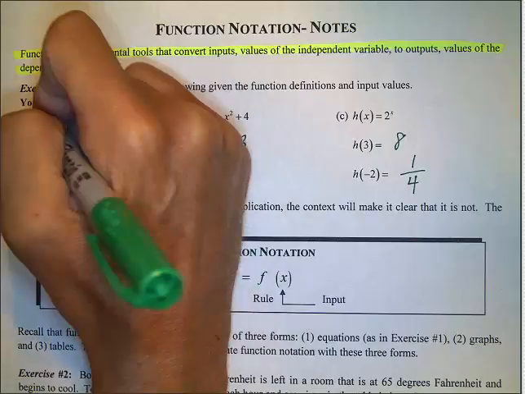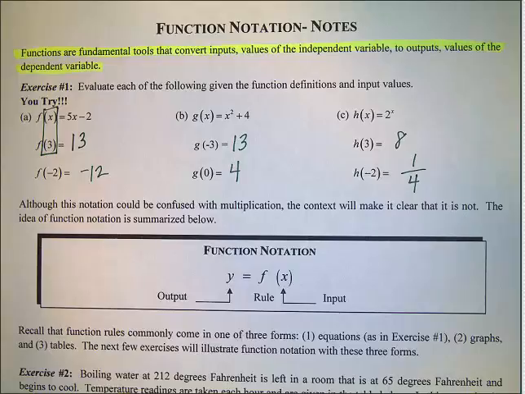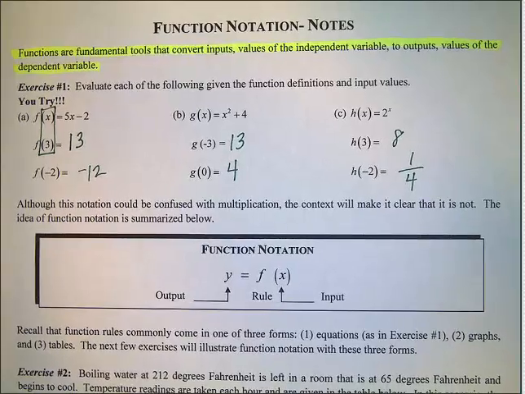Remember that x is the value inside the parentheses. It's that simple. Although this notation could be confused with multiplication, the context will make it clear that it is not. The idea of function notation is summarized below. Function notation: y equals f of x.